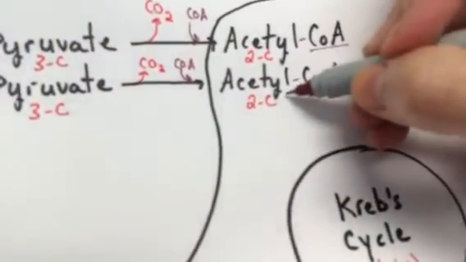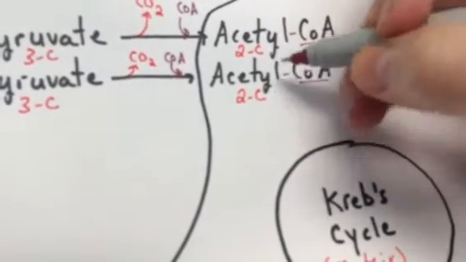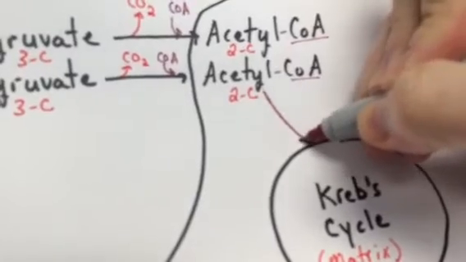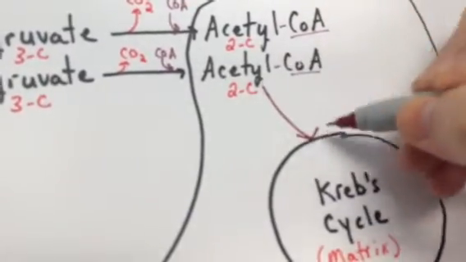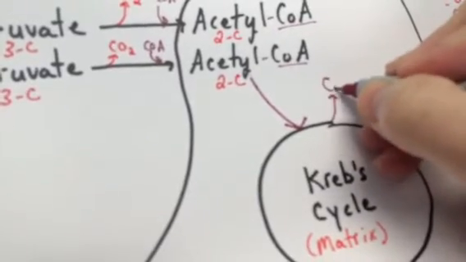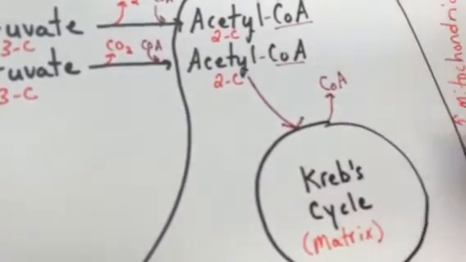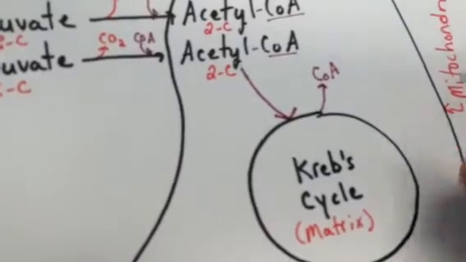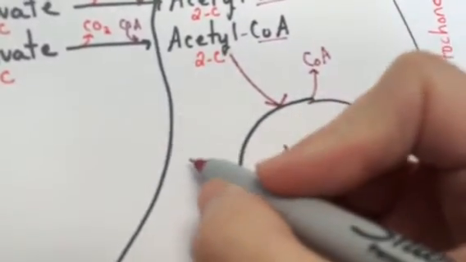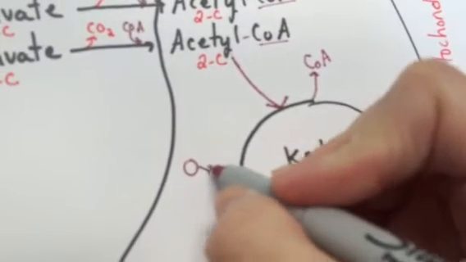The products from step number 2, the acetyl groups, are what are actually going to enter the Krebs cycle. So coenzyme A just drops that acetyl group off. Coenzyme A actually does not enter the cycle, so I'm going to draw it being kicked out here, if you will. The Krebs cycle begins with a molecule called oxaloacetic acid or oxaloacetate.